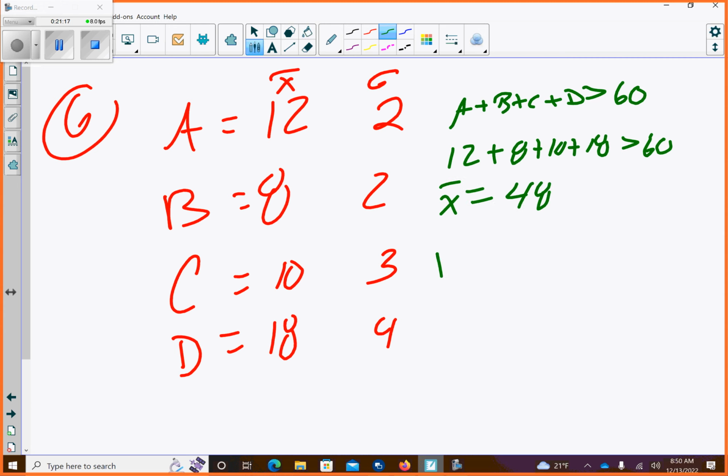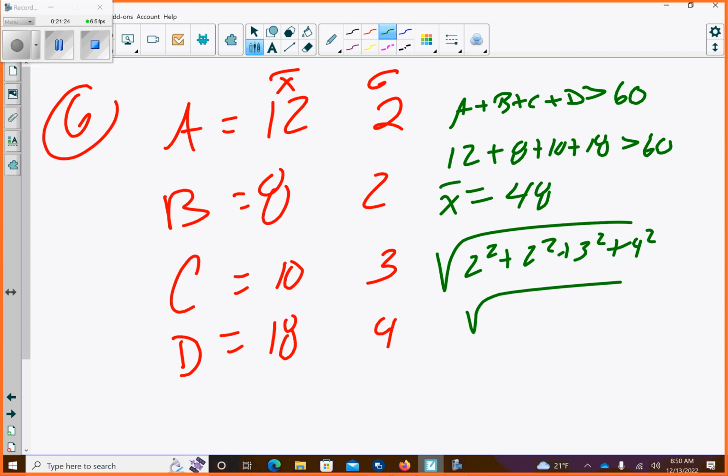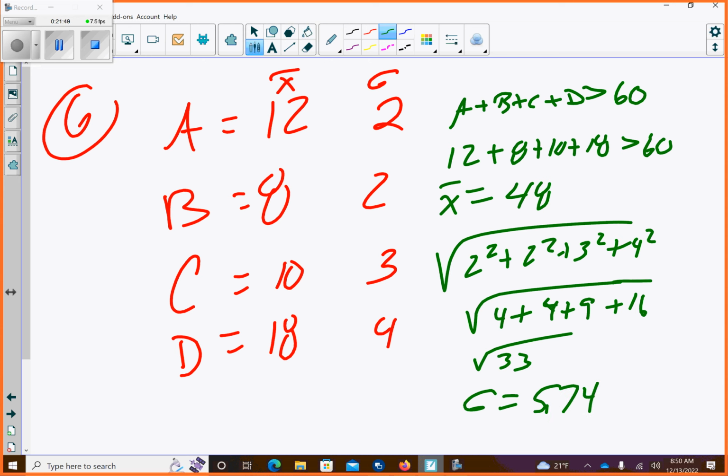Our combined standard deviation of everything is going to be 2 squared plus 2 squared plus 3 squared plus 4 squared. So 4 plus 4 plus 9 plus 16. So that's 8, that's 17. 17, is that 33? So root 33. So we have a combined standard deviation of 5.74.